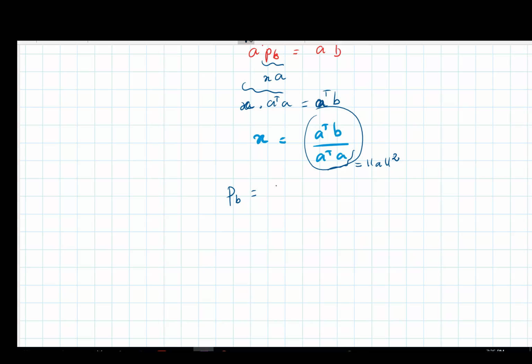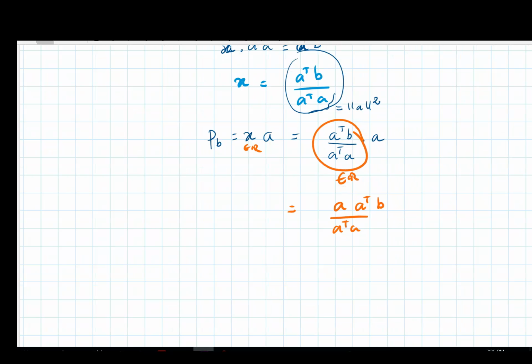PB is just going to be given by x times the vector A. So according to what I have above, it's A transpose B divided by A transpose A, times A. That whole coefficient belongs to R, that's my x. So I can also write this as A times A transpose B over A transpose A.